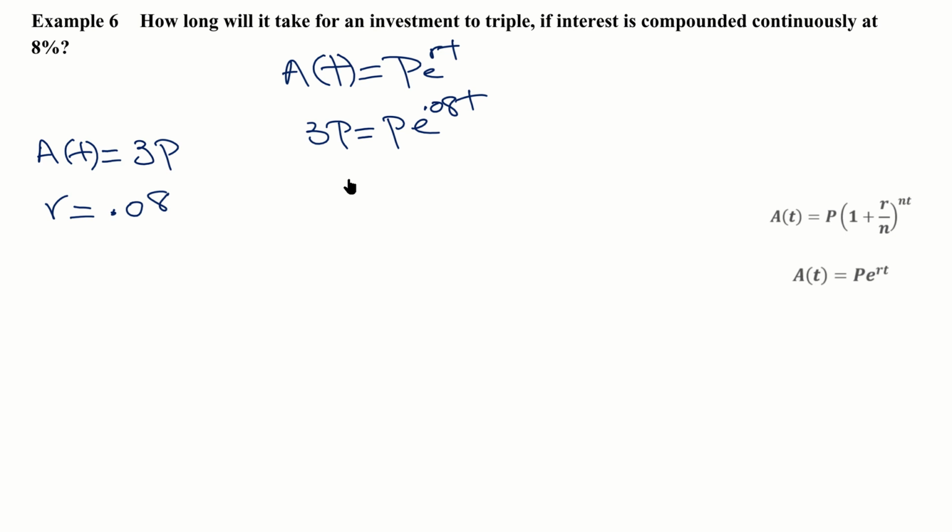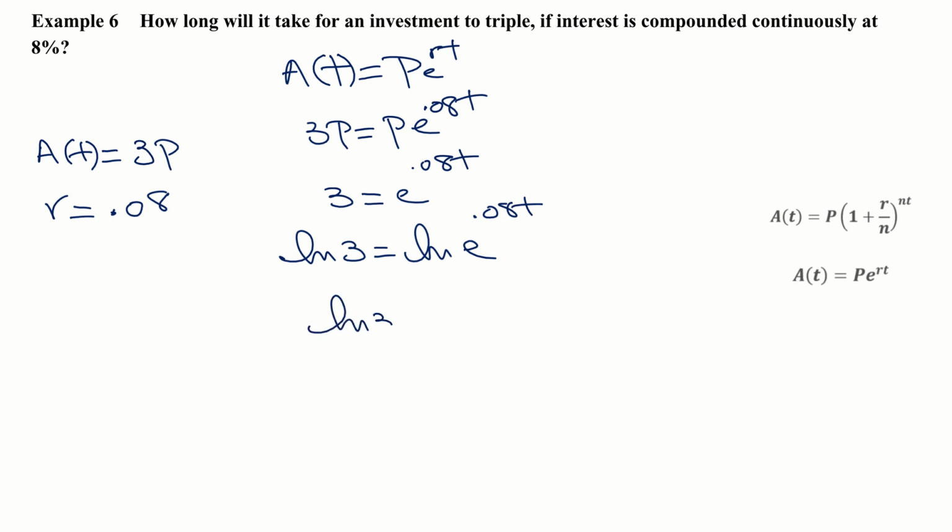So notice, because the p's will cancel out, you end up with 3 equals e to the 0.08t. Now we take the ln of both sides. So we get ln 3 is equal to 0.08t. So t is going to be ln 3 divided by 0.08.